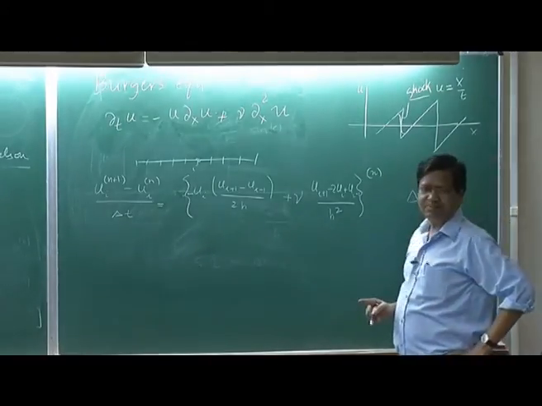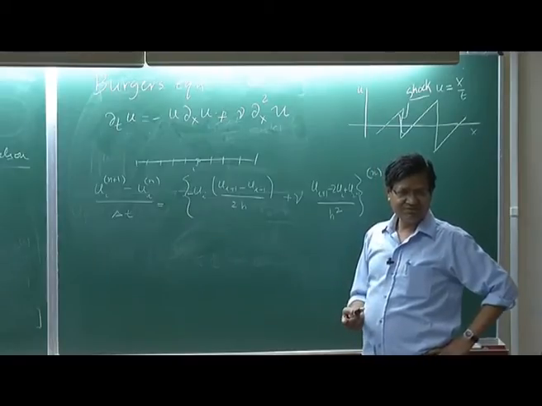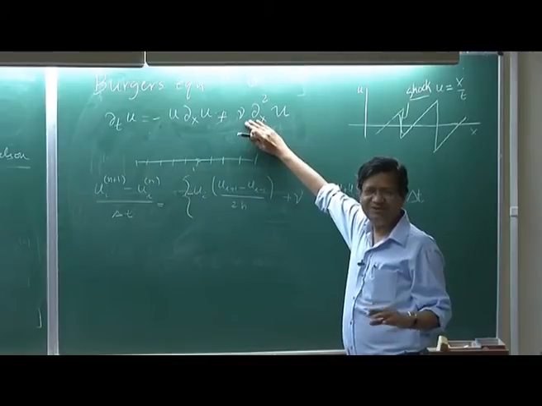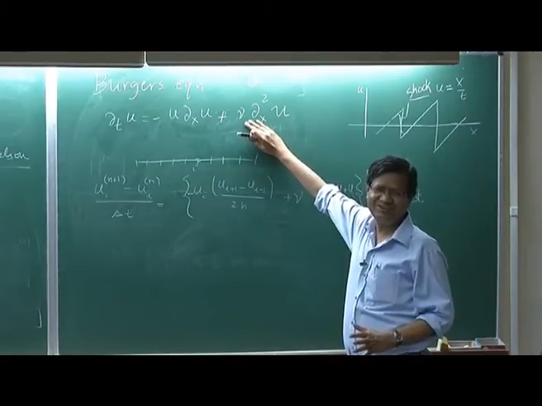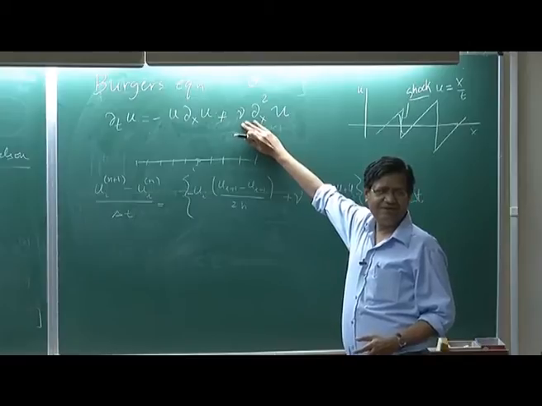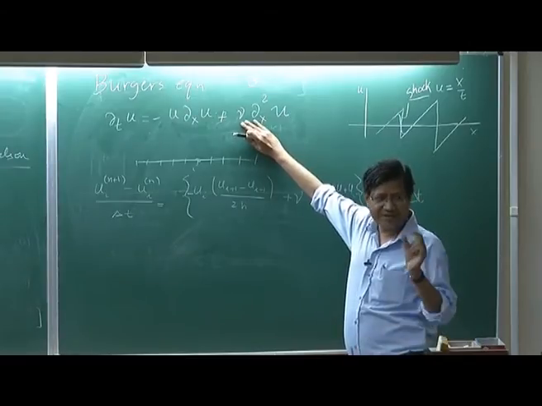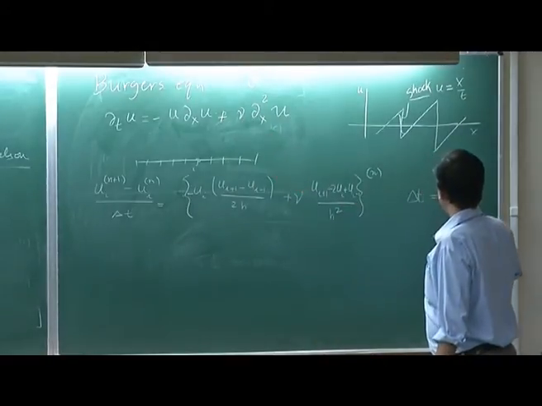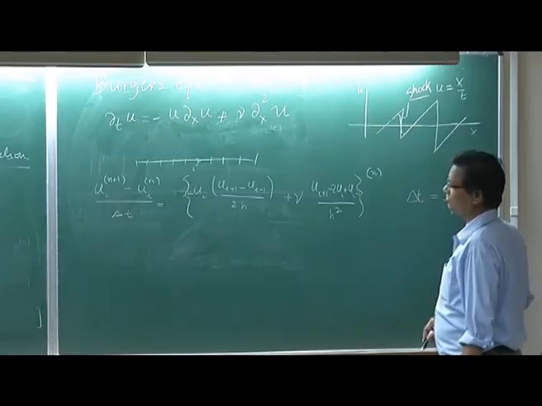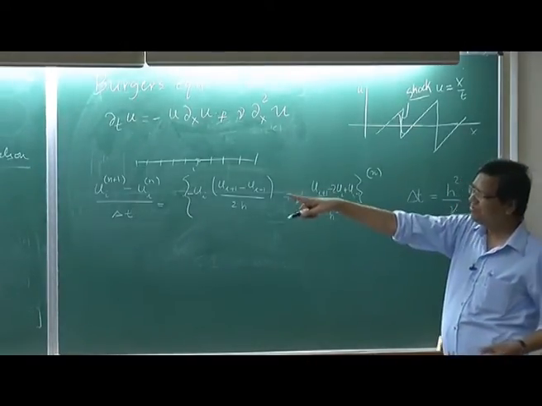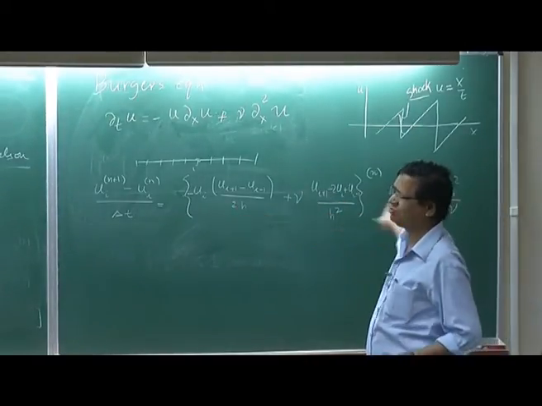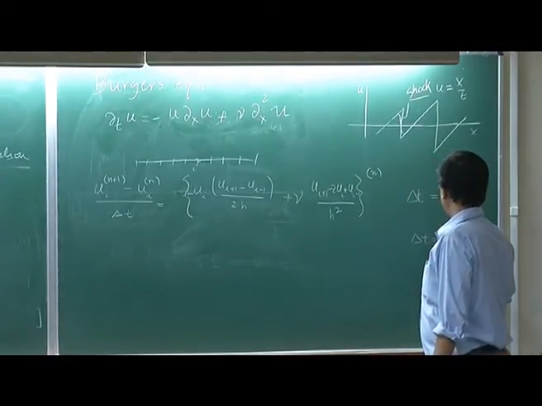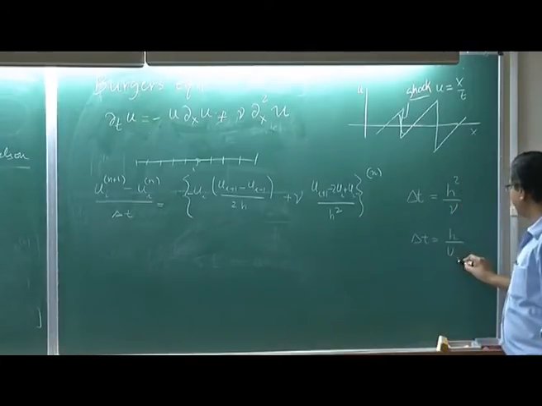There are two time scales in the problem. One time scale comes from here, just from dimensional analysis. Dimensional analysis is very, very useful. So, here I will get a time scale coming from h, small h squared by nu, that is coming from here, and another delta t will come from h by u max.